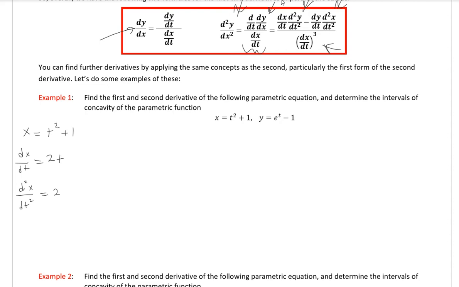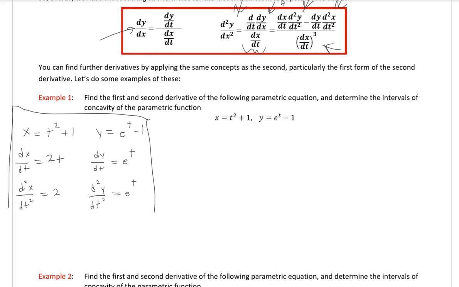Likewise, I can also start off with y equals e to the t minus 1. dy dt is e to the t, and d squared y over dt squared is also e to the t. These are all the things I'm going to need to solve all my derivatives.